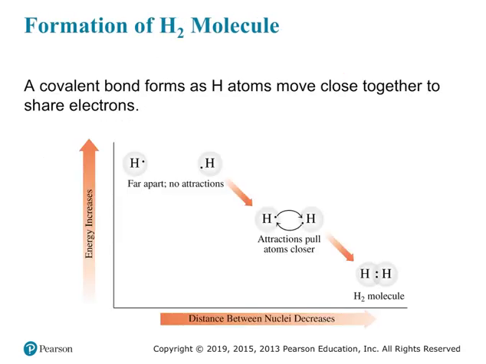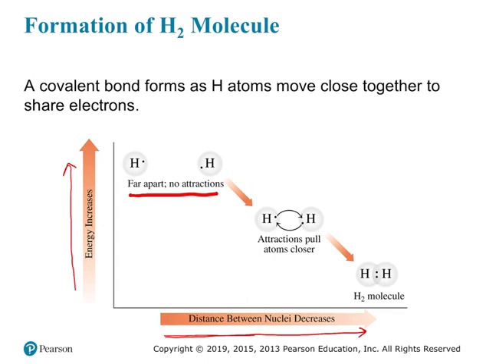All right, so here's an energy diagram where on the y-axis we have increasing energy, and on the x-axis we have decreasing distance between nuclei. So again, when the hydrogen atoms are really far apart, they don't have any attraction to each other, but they're also really unstable, which means they're very energetic.